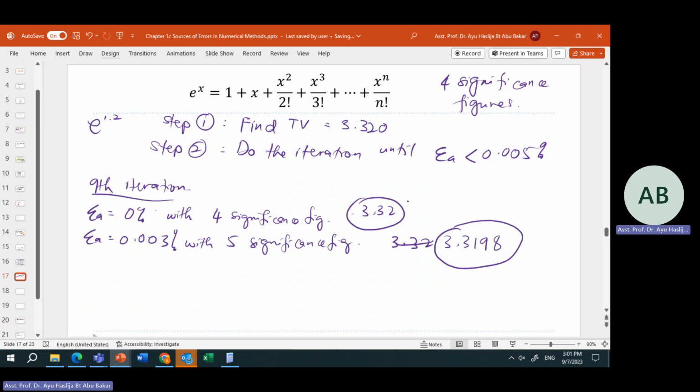This one is already the true value. Your true value just now is 3.32. If you deviate too much from the true value, then something is wrong with your calculation. So that is your benchmark, the true value.